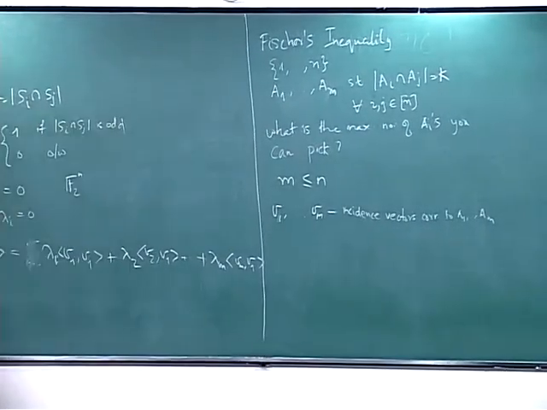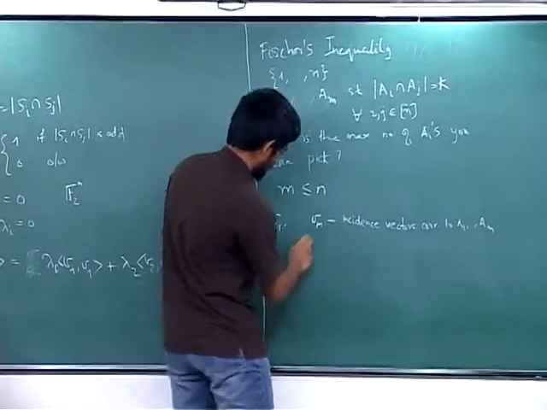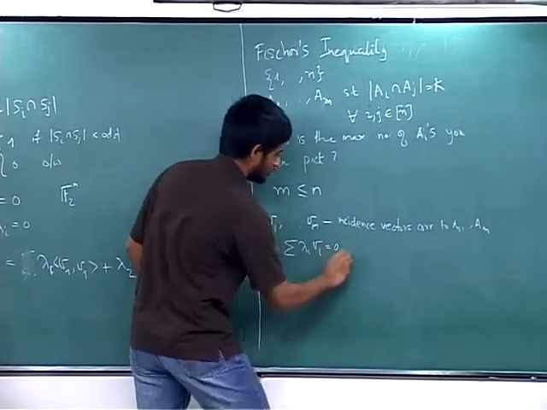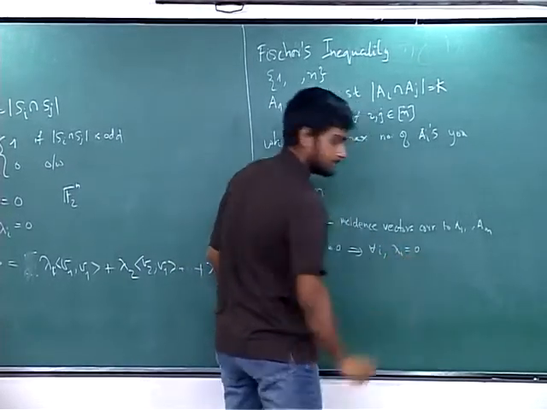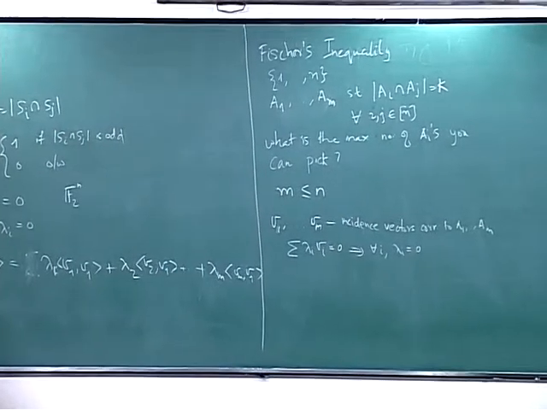You want to show that the sum of lambda_i v_i equal to 0 implies lambda_i equal to 0 for all i. This is what we want to show.